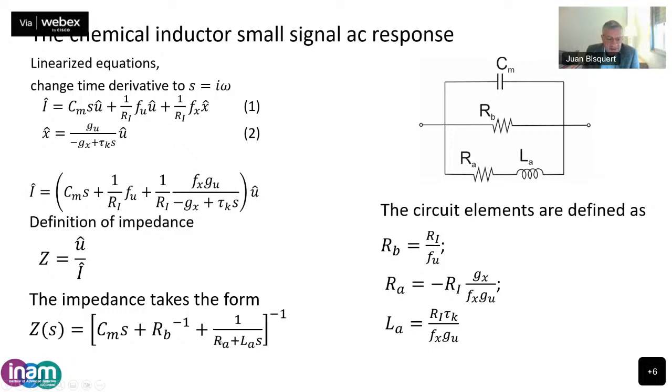This is an impedance. The impedance has the form of this function and can be pictured as an equivalent circuit. So here I show you that whatever the meaning of the slow variable X, it's going to give an inductive response. That's why we call this general mechanism a chemical inductor.